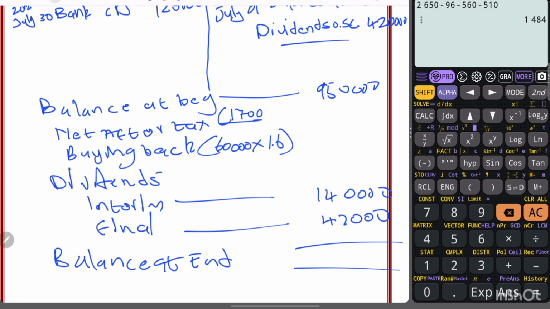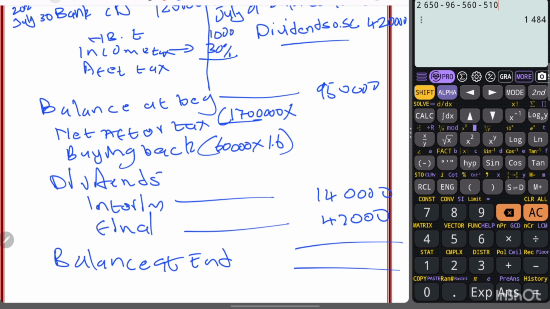Net profit before tax was 1,700,000 multiplied by, now listen to me carefully, if income tax is 30%, net profit before tax is always 100%. Then how do you get now after tax? After tax it's gonna be 100 minus 70.